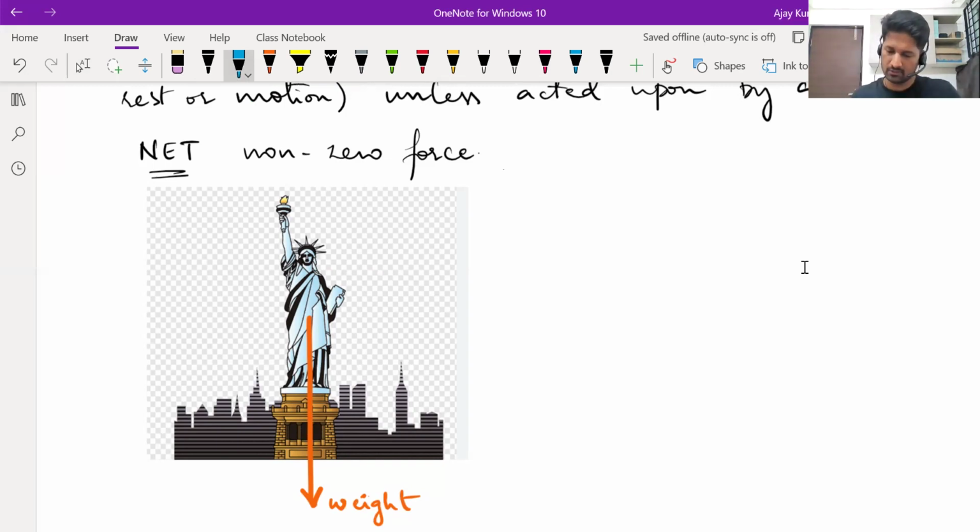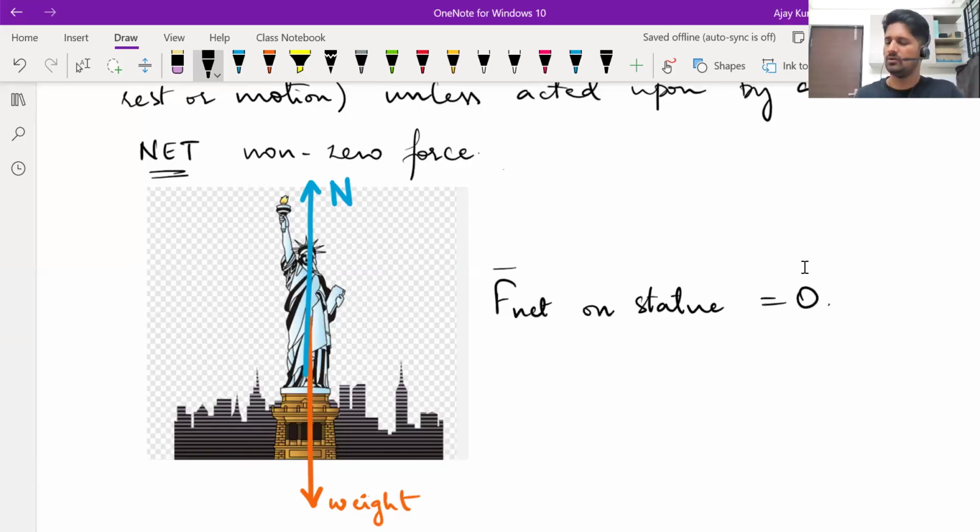So the normal force will be acting in the upward direction, and these two are of equal magnitude but opposite direction. So it's like two vectors of the same magnitude but in opposite directions. Then the net force on the statue is 0. That is why its state is not changing.